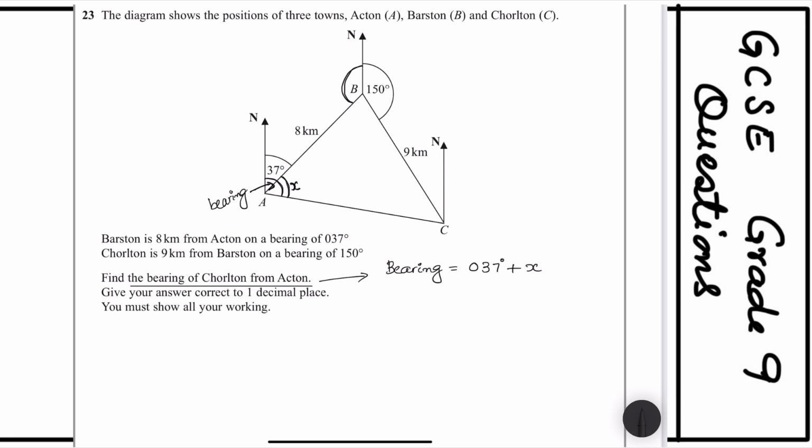And now the angle at B. To find the angle at B we have two north lines on either side. North lines are parallel lines and there is another line AB passing through them. So angle 37 is a co-interior angle with angle B. So co-interior angles add up to 180 degrees.